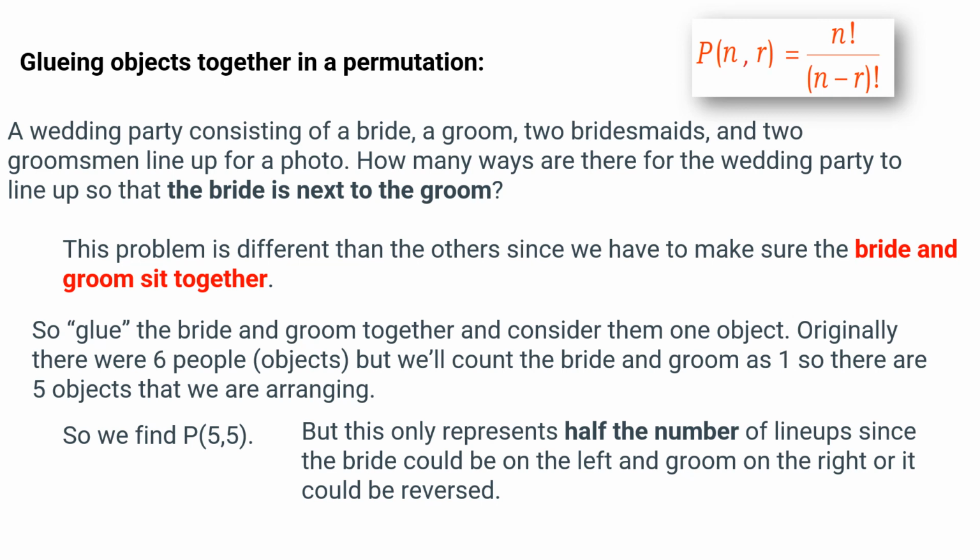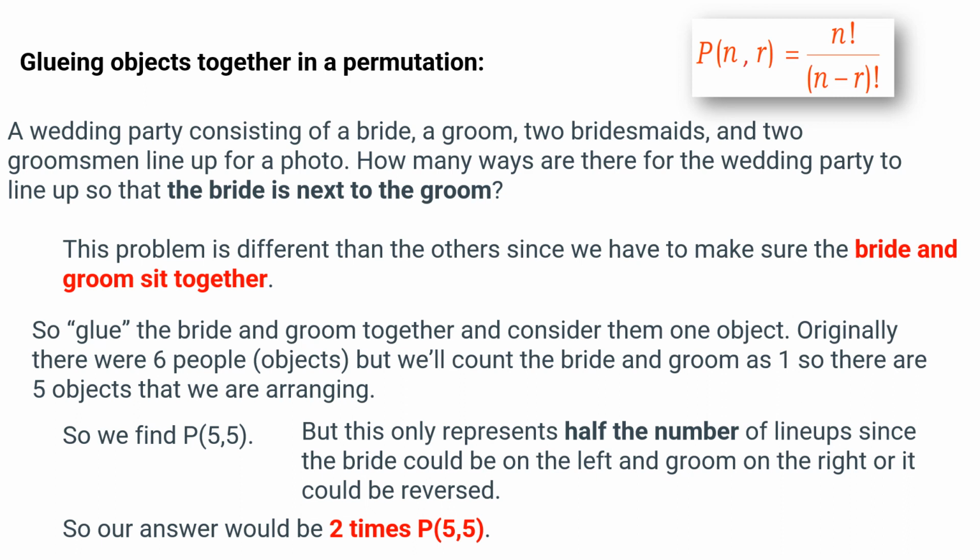And so really what we need to find is that permutation, 5 things taken 5 at a time, but then multiply that number by 2, because as many times as we have 5 things taken 5 at a time, we could have a whole other set of that same number, but with the bride and groom switched. So we would take 2 times the 5 things taken 5 at a time.